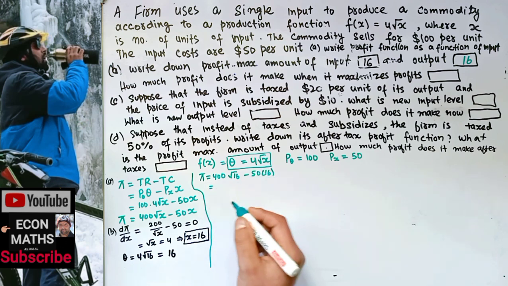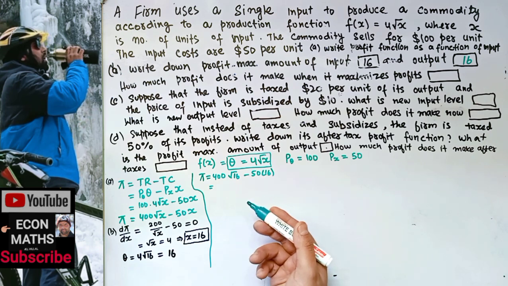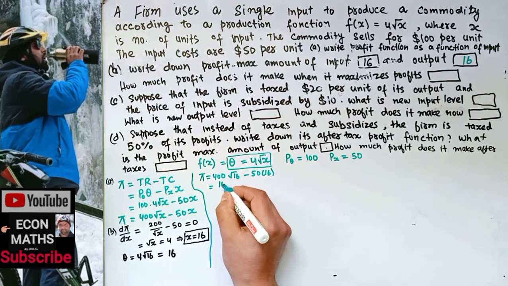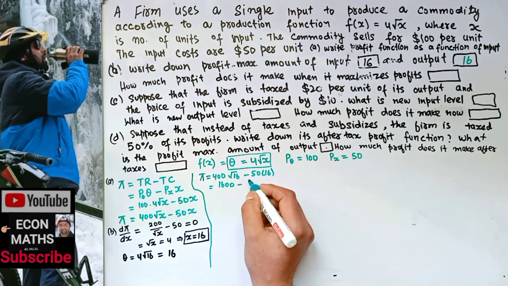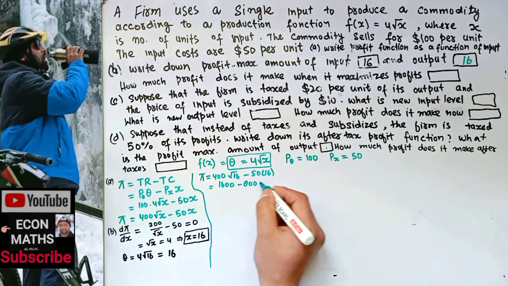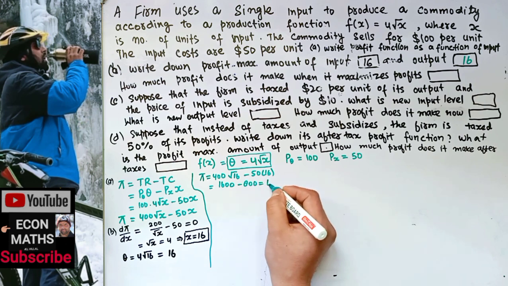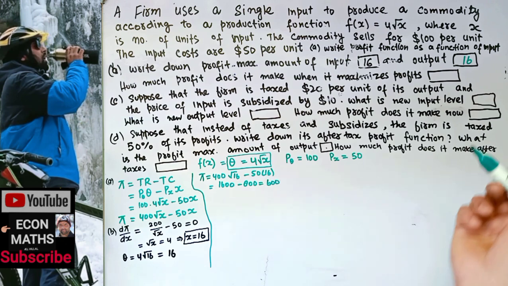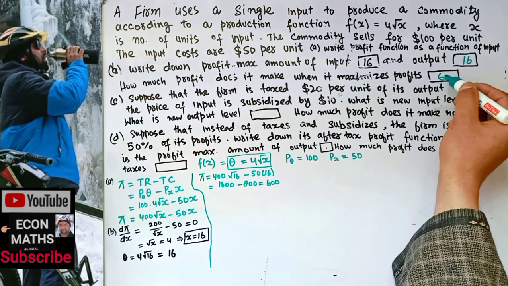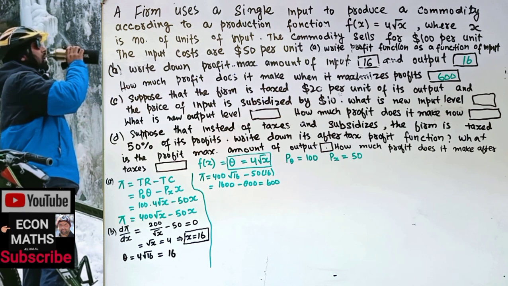When you solve this, it will become 1600 minus 800, which gives us the maximum profit of 600. So we will have 600 as the profit here.